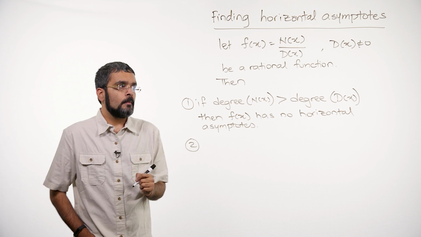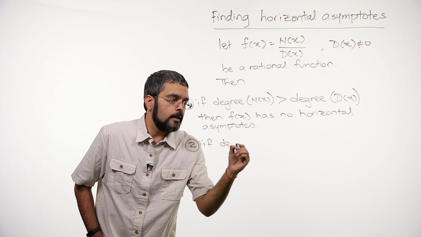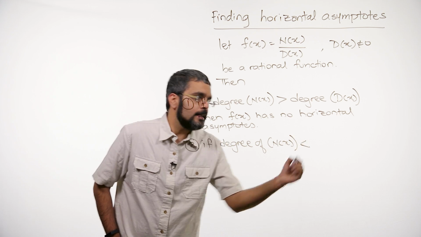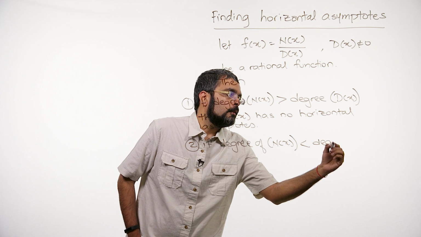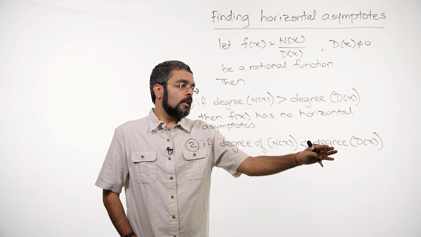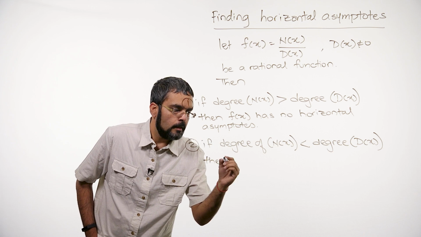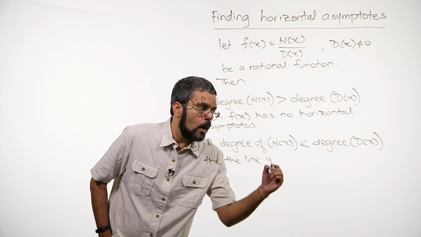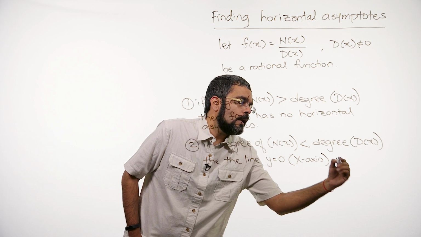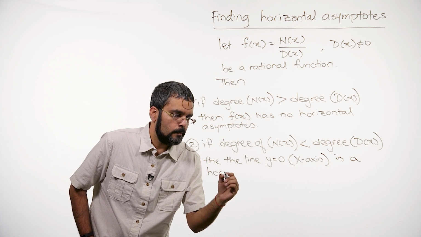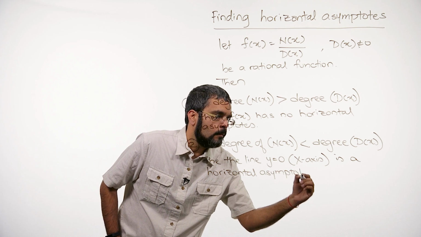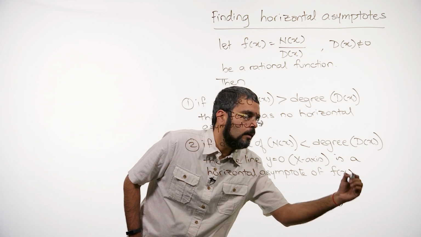Second, if the degree of the numerator, or N(x), is less than the degree of the denominator, or D(x), so the numerator has a lesser degree than the denominator, then the line y equal to 0, or the x-axis, is a horizontal asymptote of f(x).